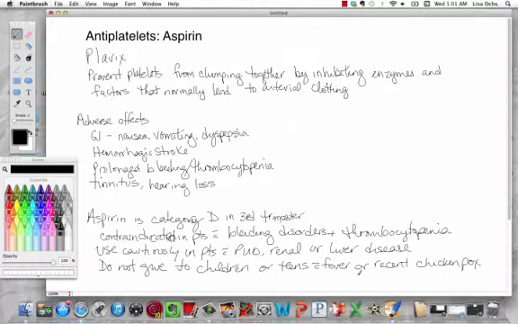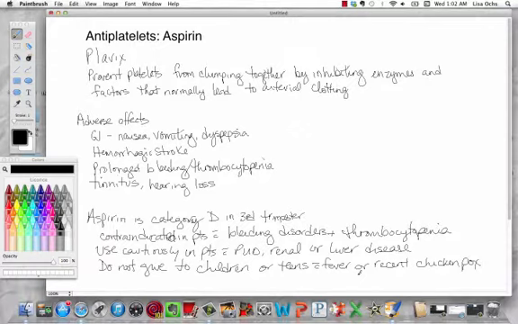They would cause vasospasm, and then they would start to clump together and stick together to form a plug. Aspirin prevents the platelets from clumping together and sticking together, so they prevent that arterial blood clotting. So in that way, they help to prevent clots in cases of, for example, patients having an MI and things like that.